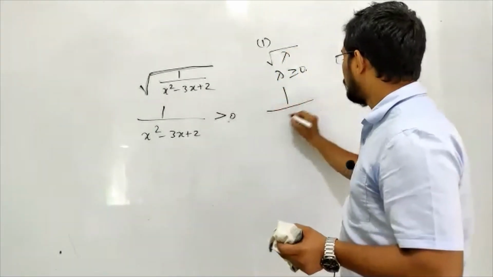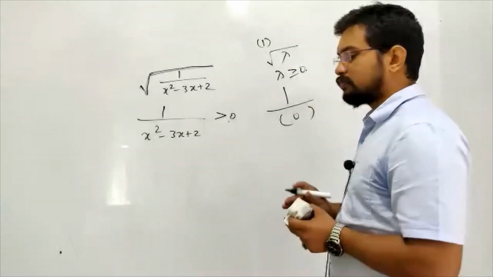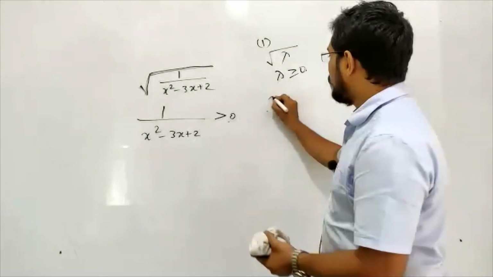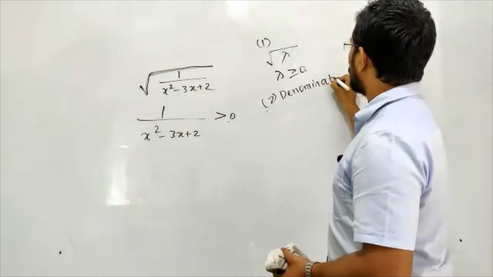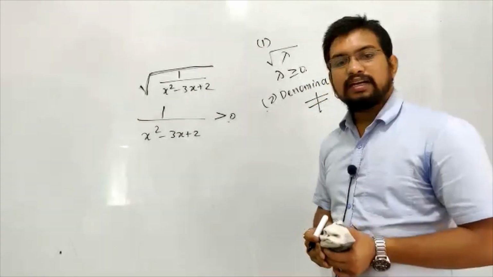Look, 1 by some number which is 0. The second rule is that the denominator cannot be equal to 0.